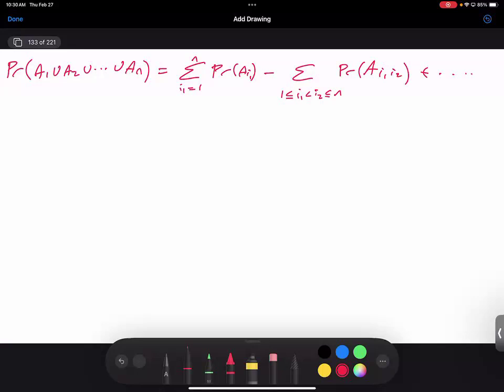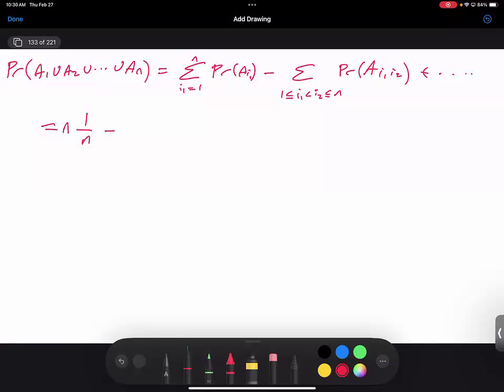So for the first one, what's the probability that one element is fixed? We just said that that was 1 over n. And how many ways are there to have one element fixed? There's n. So it's going to be n times 1 over n.